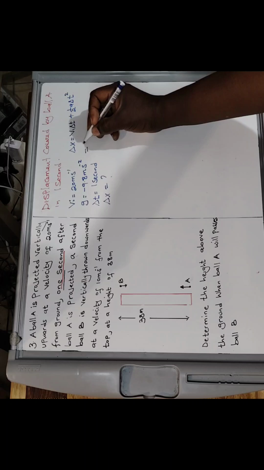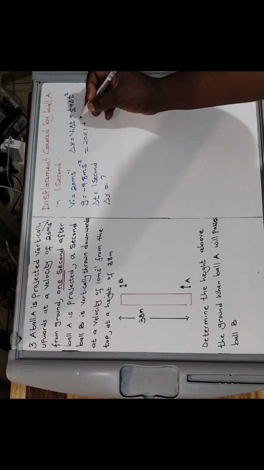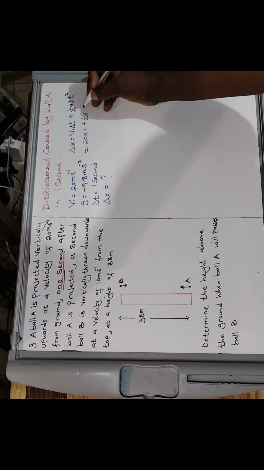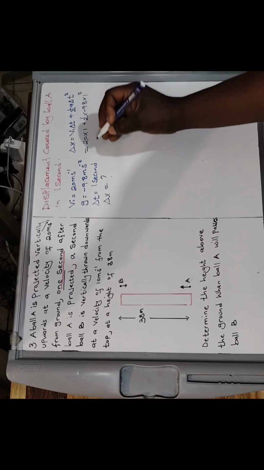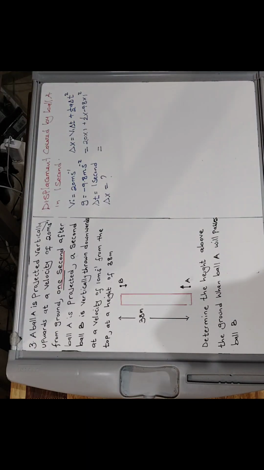Vi is 20 times 1 plus a half times negative 9.8 times 1 squared. What we get out of that is going to be the displacement.